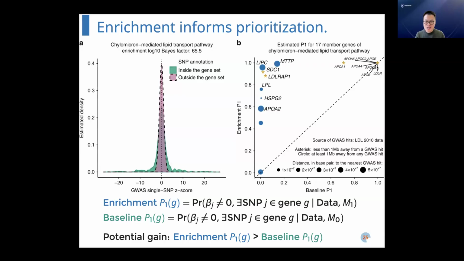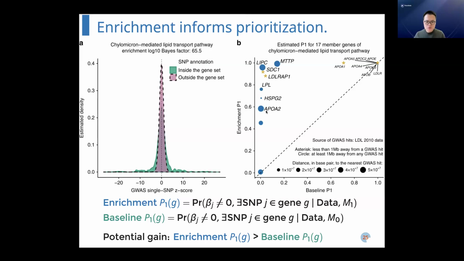With or without using the pathway or the gene set information, just by looking at the GWAS data alone, we can identify them with very strong confidence, okay? The posterior probability is nearly 1. However, there's another group of genes where, if you only look at the GWAS data alone, you have very weak evidence about association.